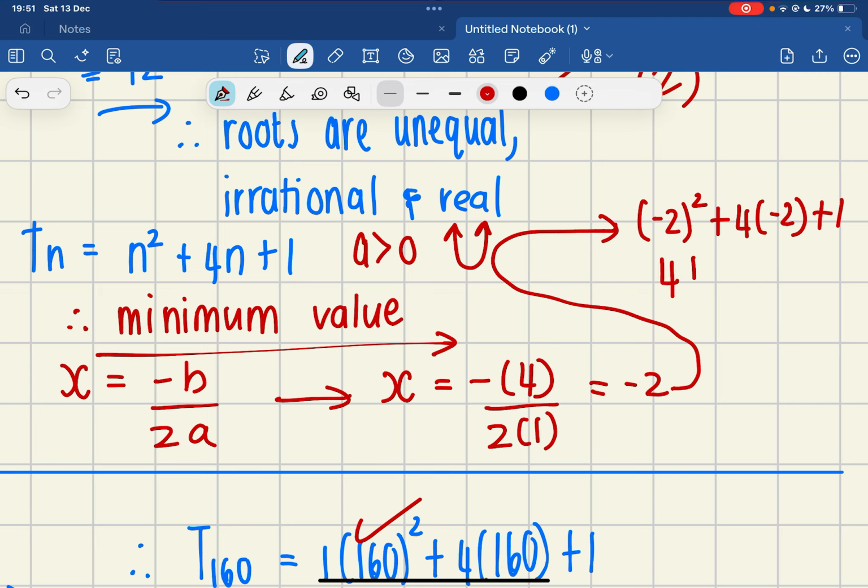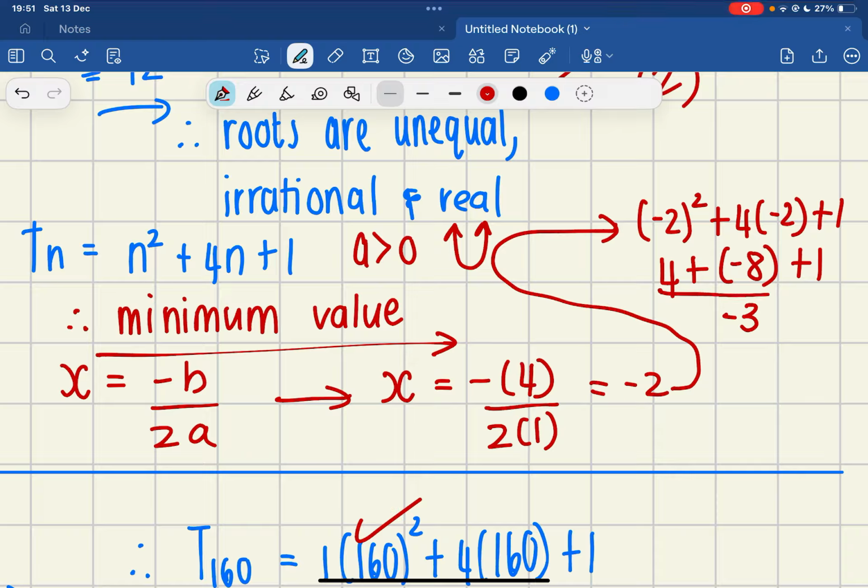That's 4 plus negative 8 plus 1, which gives us negative 3, boys and girls. Therefore, the minimum value is negative 3.